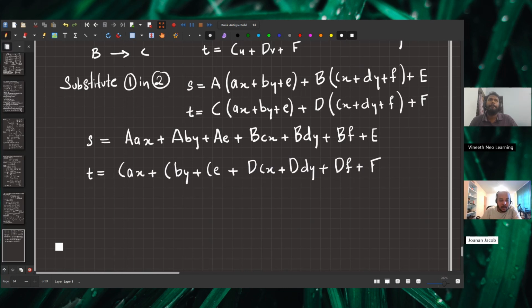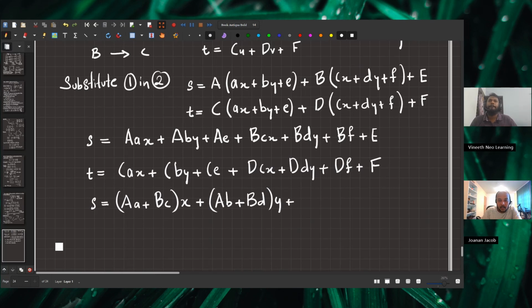So we take the terms of x together. Exactly. (Aa plus bc) times x plus (ab plus bd) times y plus (ae plus bf plus e). Put these terms inside a bracket also.